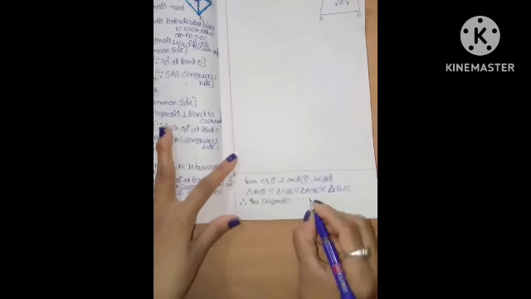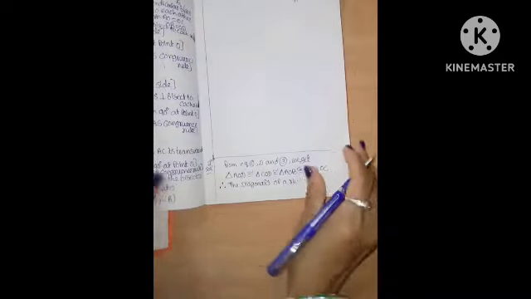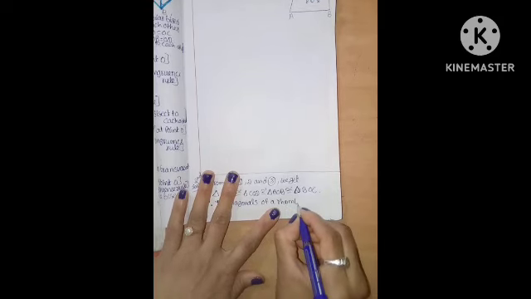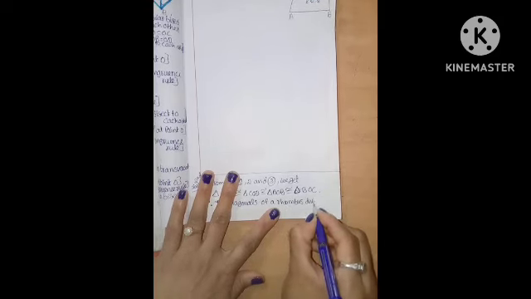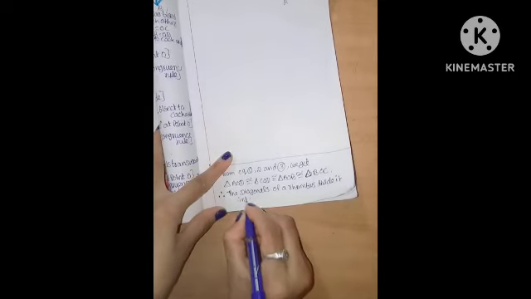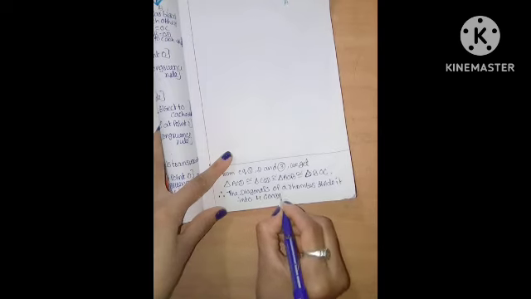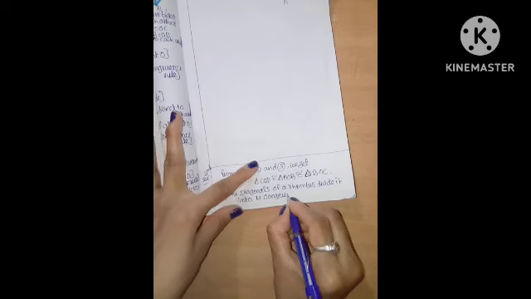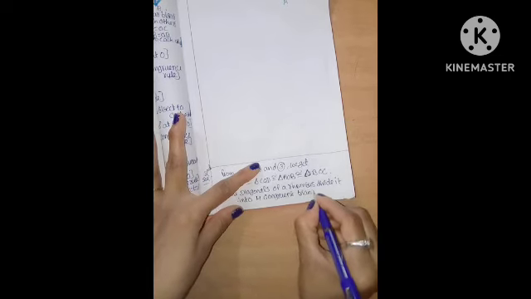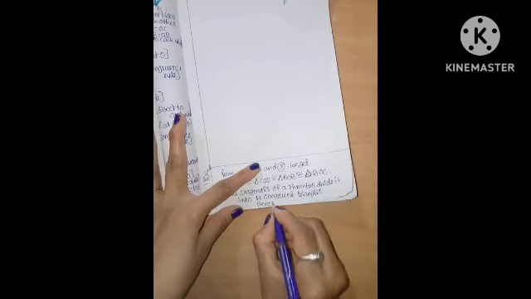Therefore, the diagonals of a rhombus divide it into 4 congruent triangles. How many congruent triangles? 4 congruent triangles. It is proved. Hence it is proved.